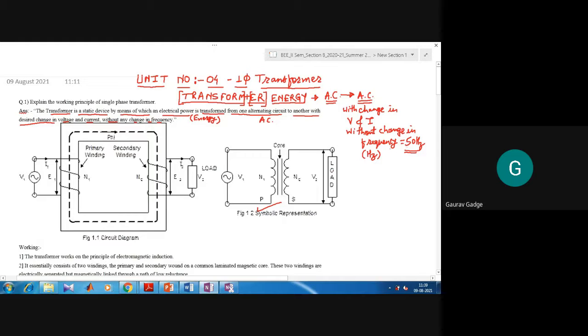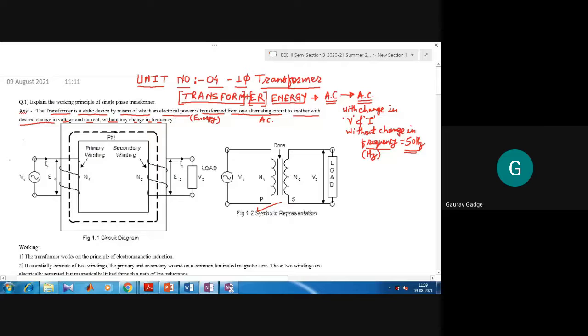So this frequency is constant if we use this particular device. The purpose of this device is only to transfer the AC, either voltage or current, but there is no change in frequency. Okay, so this is called a device.